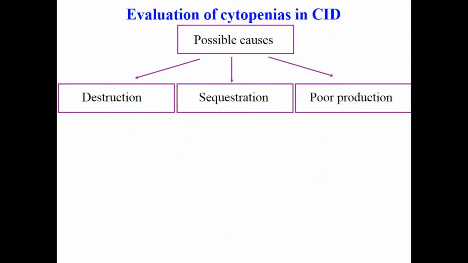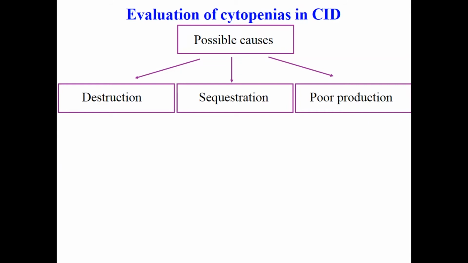So how do we evaluate cytopenias in combined immunodeficiency? Well, there may be many reasons, because not everything is autoantibody mediated. There are really 3 reasons for having cytopenias in a patient with combined immunodeficiency, and 2 of them are more common than the other one. The 2 most common are autoantibody-mediated destruction of the red cells or the platelets.